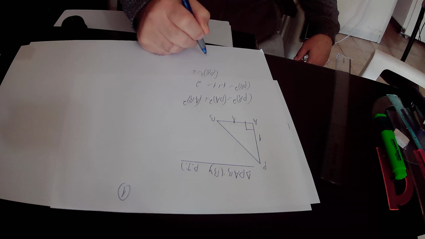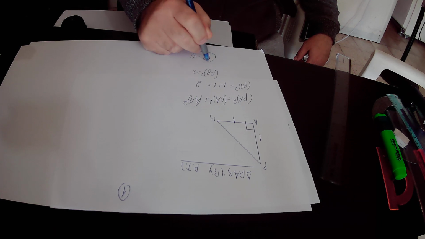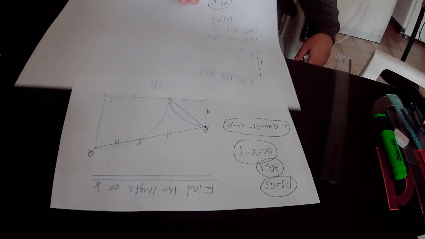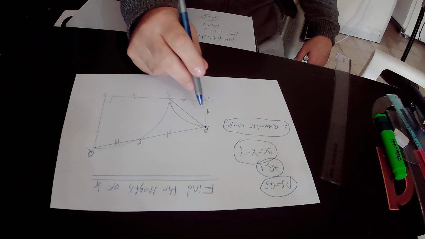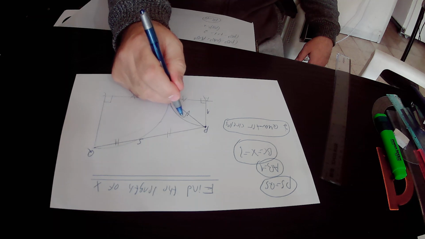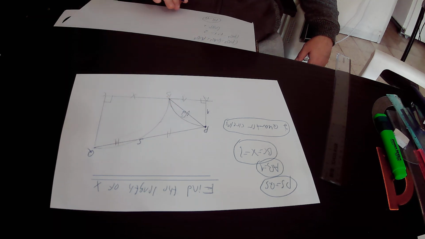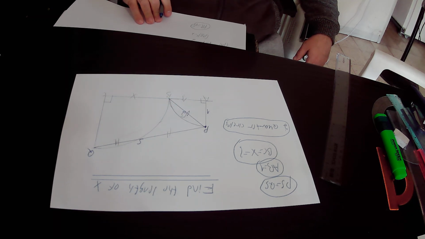Taking the square root of this equation, we finally get that PB equals the square root of 2 units. Here the hypotenuse PB equals the square root of 2 units in length. And we have a rule that opposite equal sides in a triangle there are equal angles.